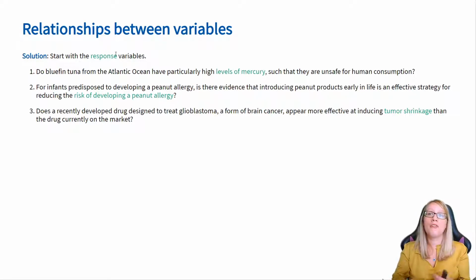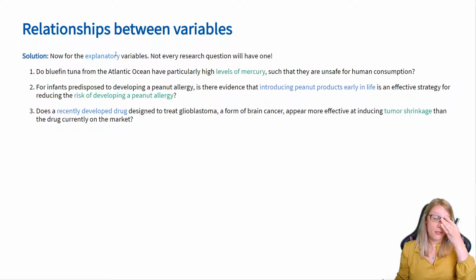The risk of developing the peanut allergy is our primary variable. And finally, scenario 3, does a recently developed drug designed to treat glioblastoma, a form of brain cancer, appear more effective at inducing tumor shrinkage? We are really interested in that tumor shrinkage. That's our primary response. Now let's look at our explanatory variables.